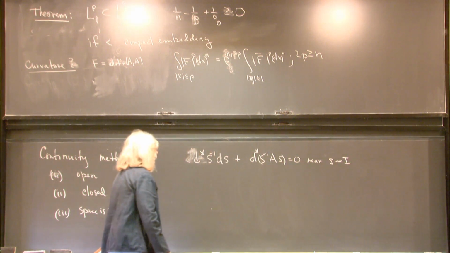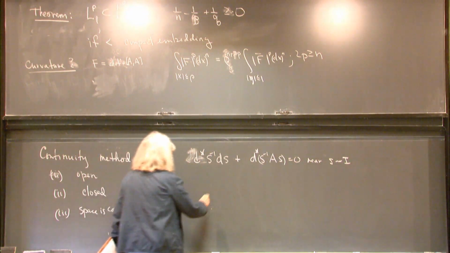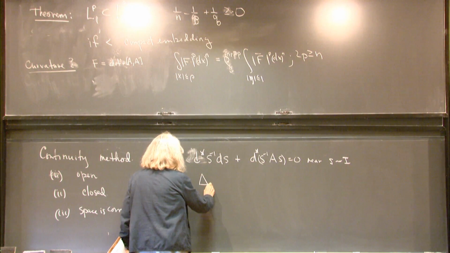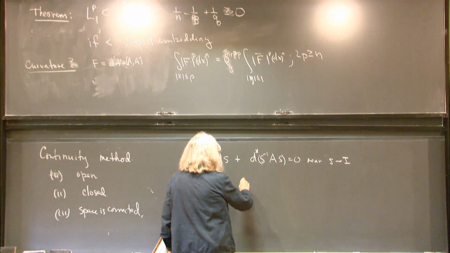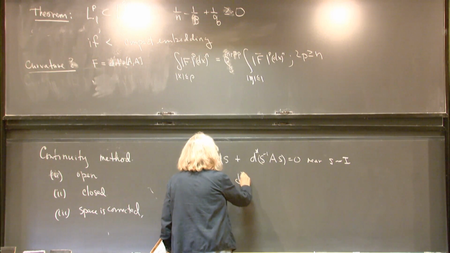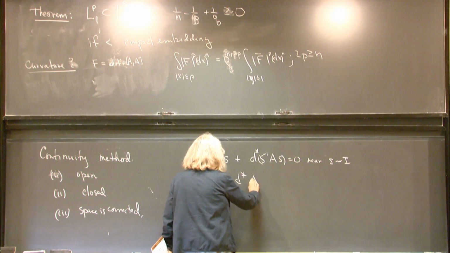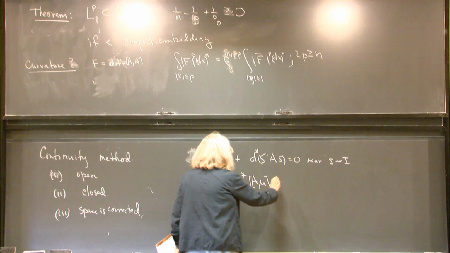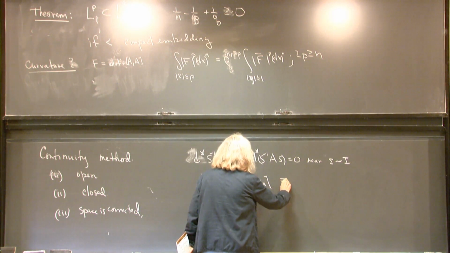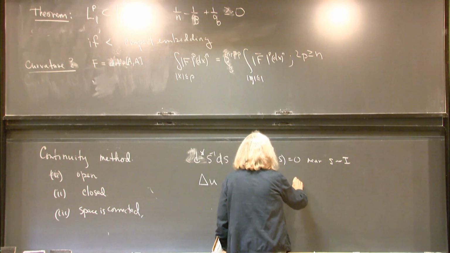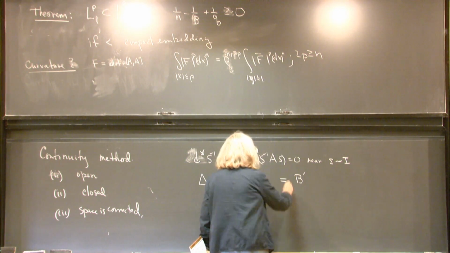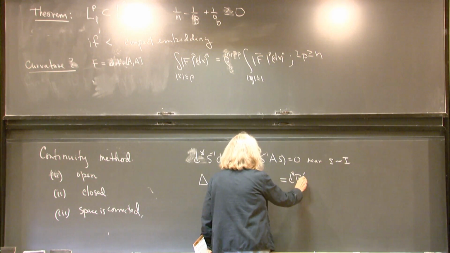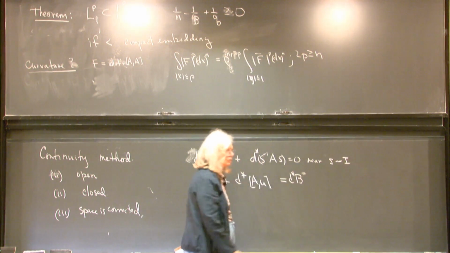So you want to solve that near the identity, and that's the equation Laplacian of u plus d star of the bracket of A and u equals d star b, where b is the infinitesimal change in A.